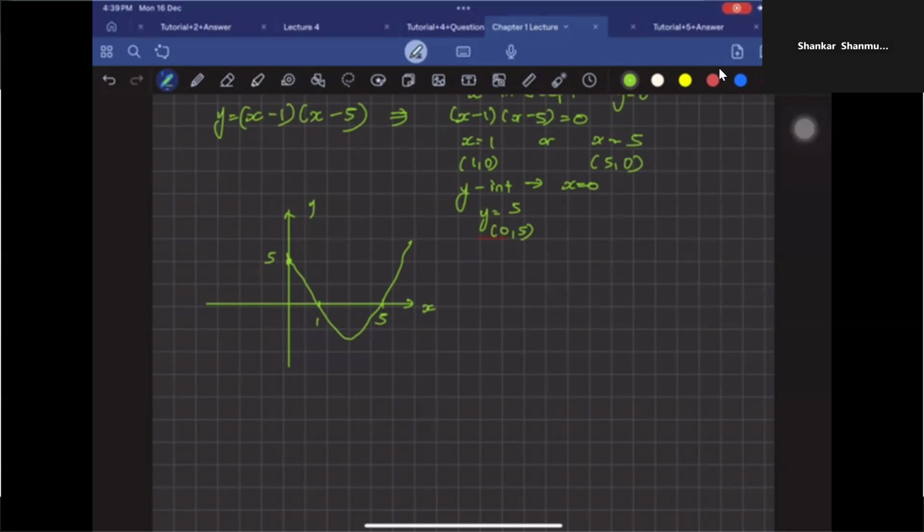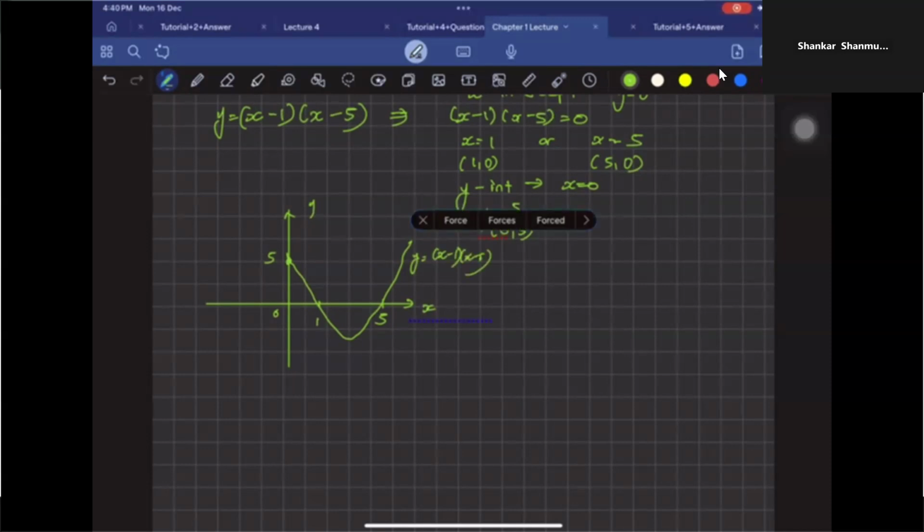So in this case, you see, I have noted that it crosses the y-axis at point 0, 5, and crosses the x-axis at the points 1 and 5. You need to label all this. And then next, the equation of your graph, which is y equals (x minus 1)(x minus 5). And the last part is your line of symmetry.